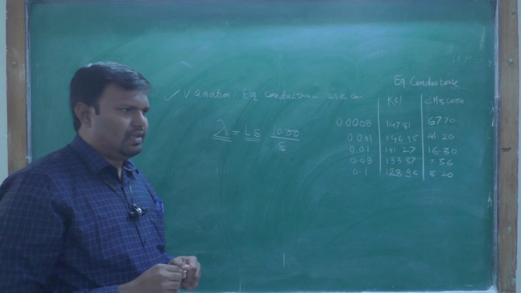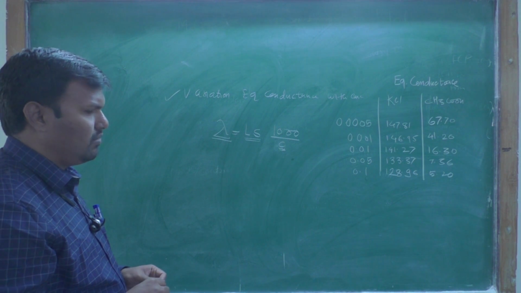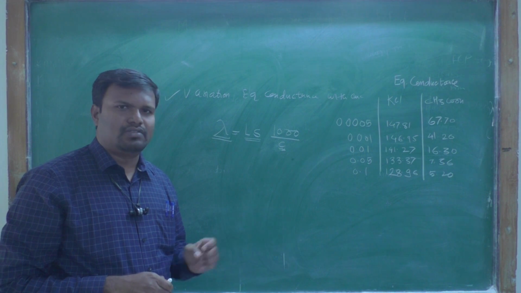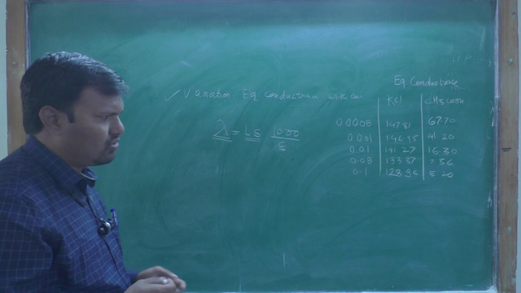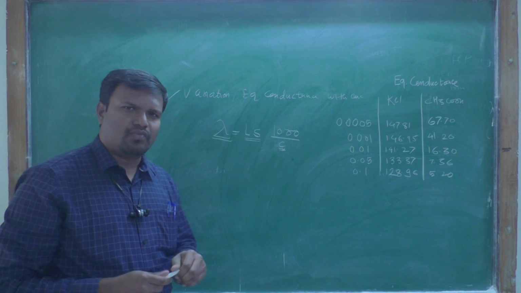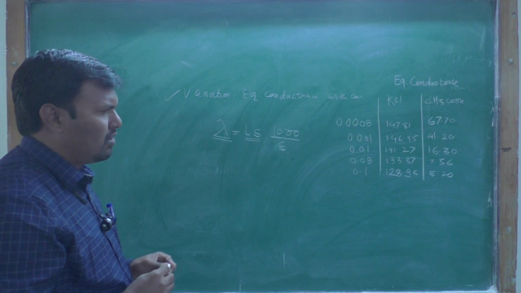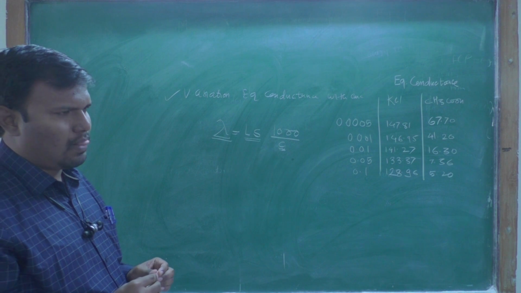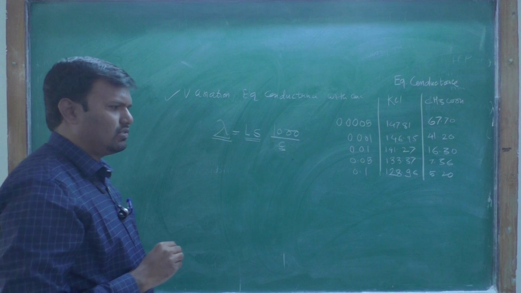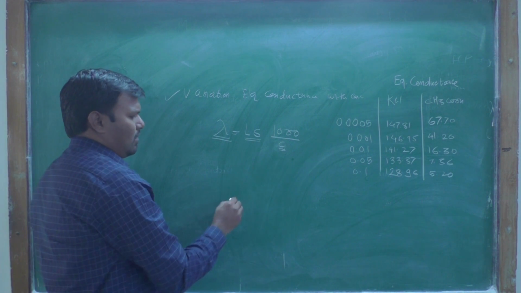Therefore, we will discuss firstly what effect we will observe on specific conductance if you increase or decrease the concentration. We have discussed that the specific conductance is a conductance.